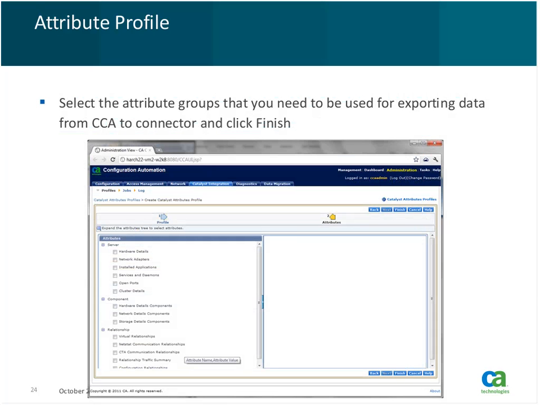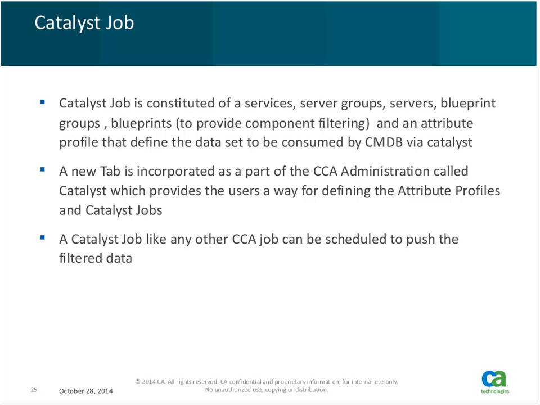Whatever we have seen in the previous slides, the same options are available. The last section is the storage section. Whatever is selected in this attribute profile, only that data will be published. So that is about the attribute profile.